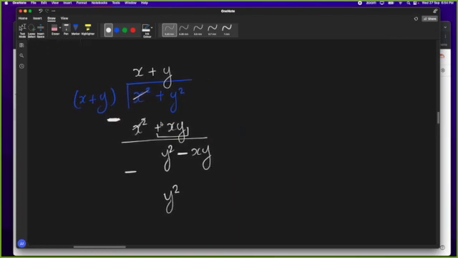So we'll try both cases. So you can see that y times y is positive y squared. So y squared minus y squared will give me 0, right? And y times x will give me plus xy. So again, a remainder here of minus xy minus xy is minus 2xy.